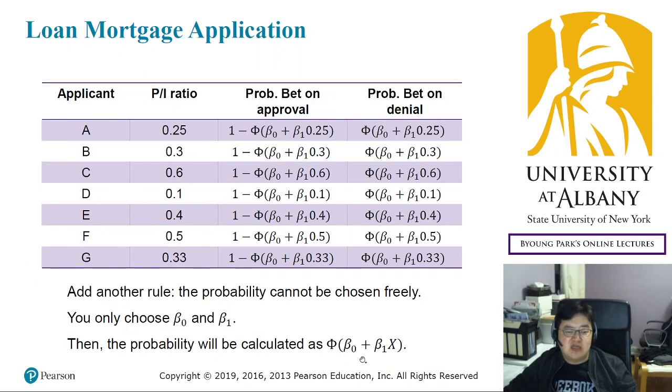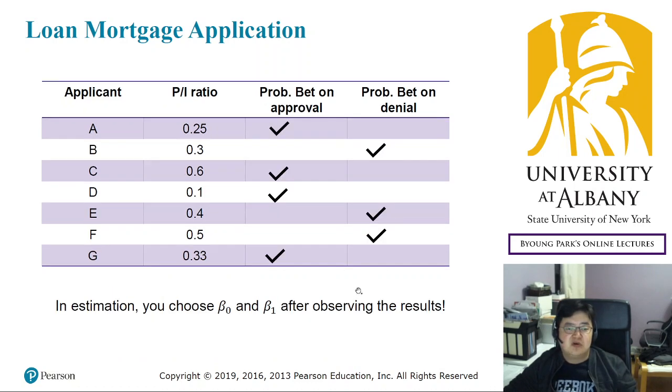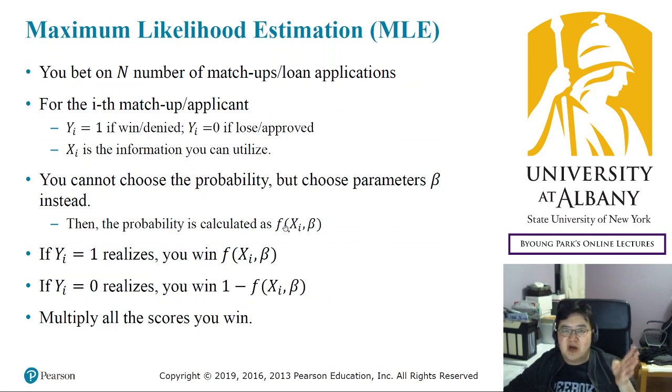You may think of it as a function of x and beta parameters. So you may use the probit model, you may use the logit model, and there are other models you can use. So they may be applicable here.